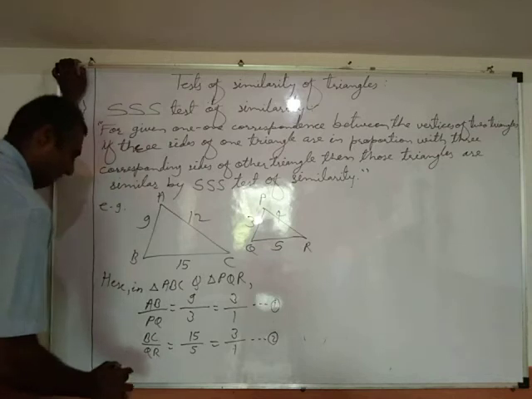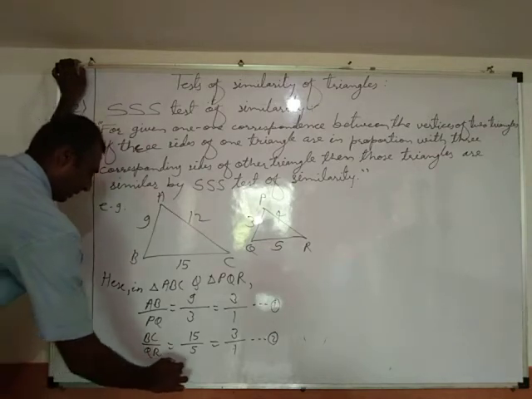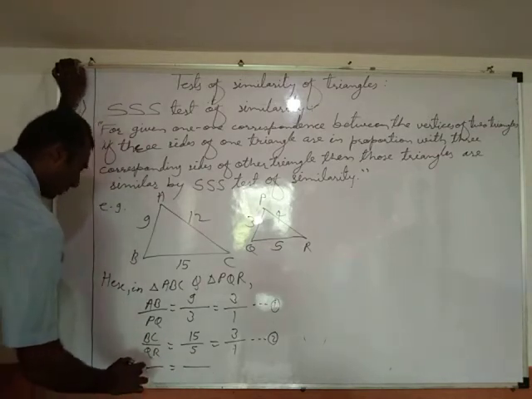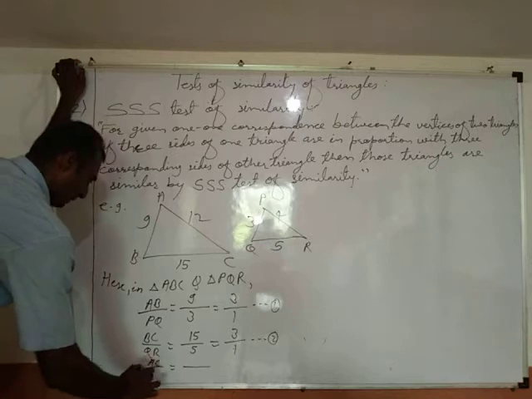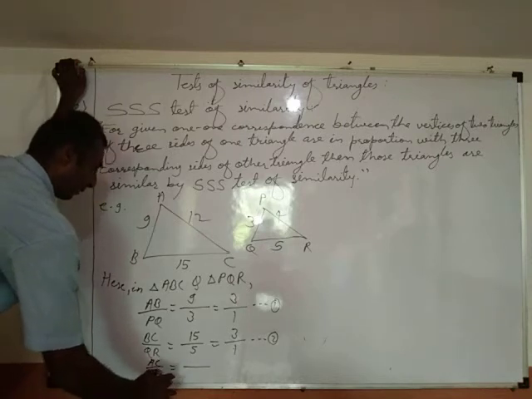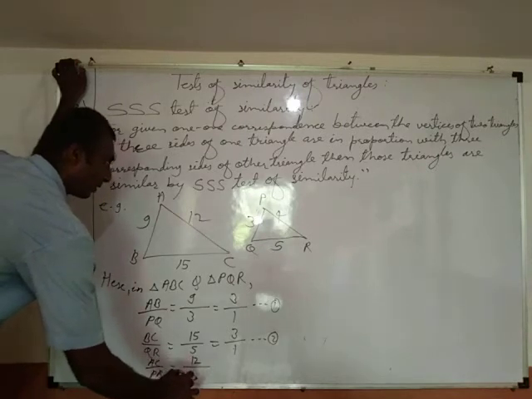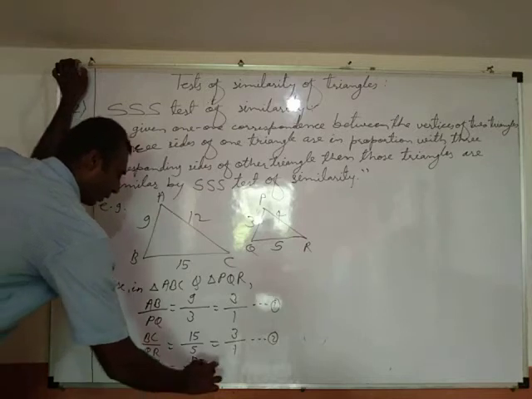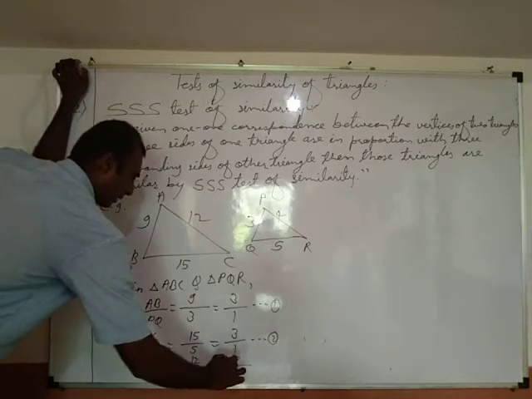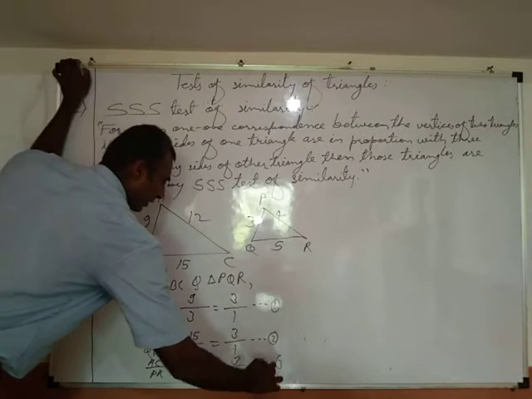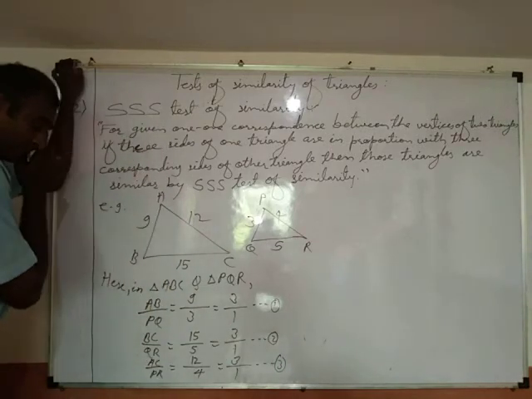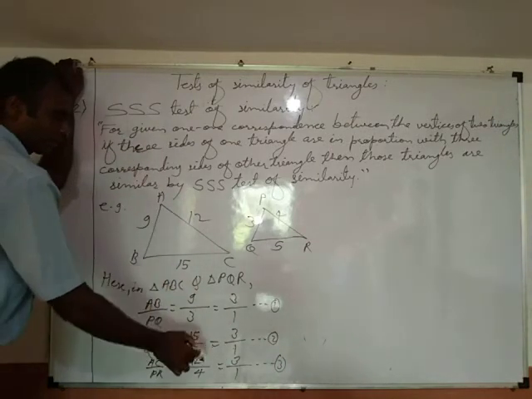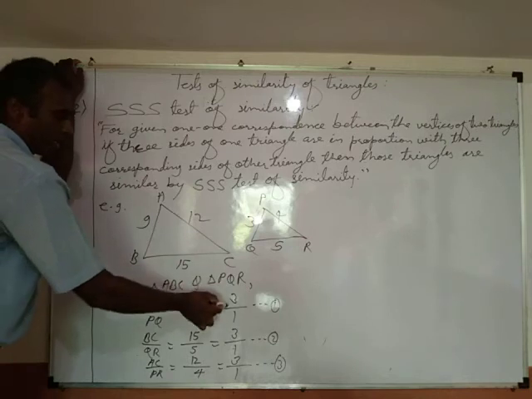Equation second. Number 3, let's find third ratio, AC upon PR. AC is 12, PR is 4, 4 1s are 4, 4 3s are 12. Equation third. If you observe right sides of all these equations, all are same.